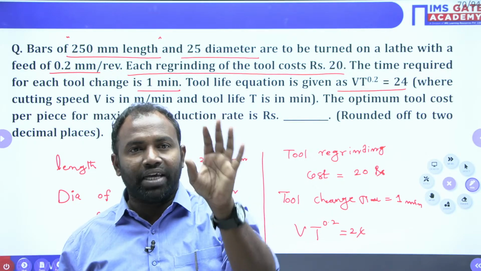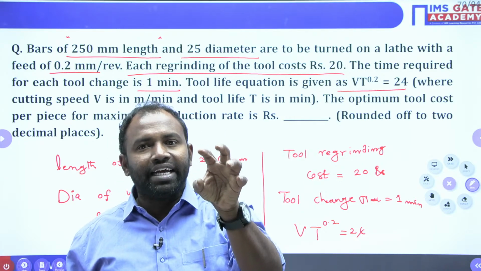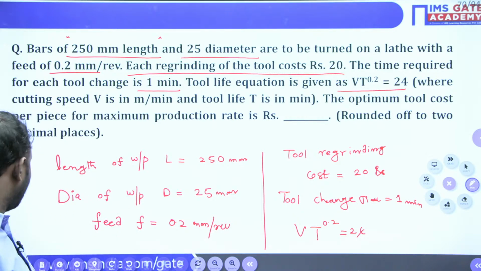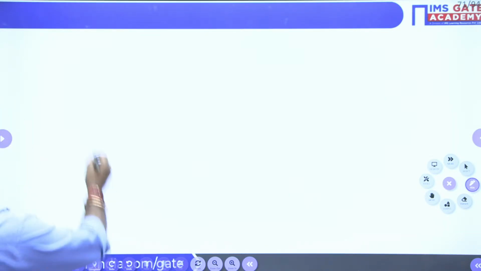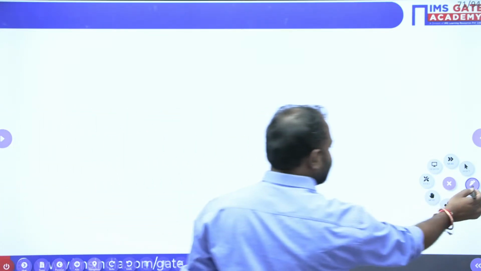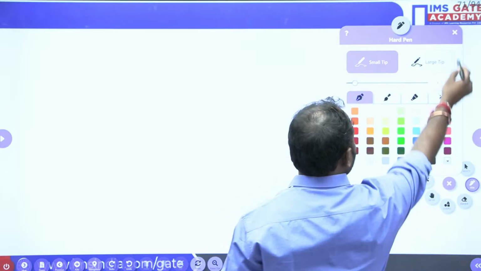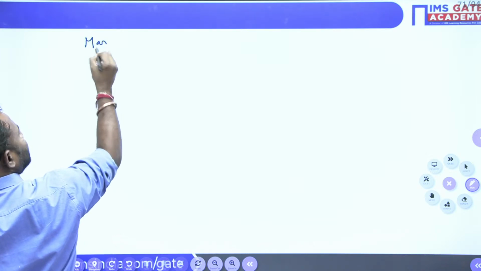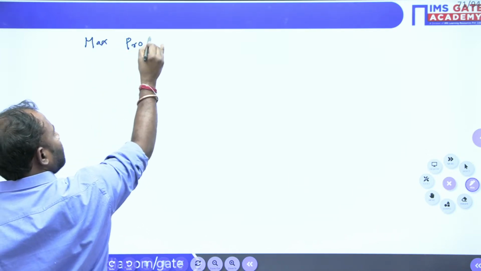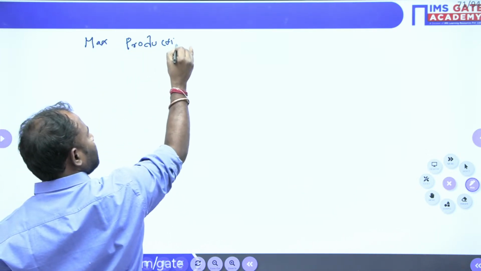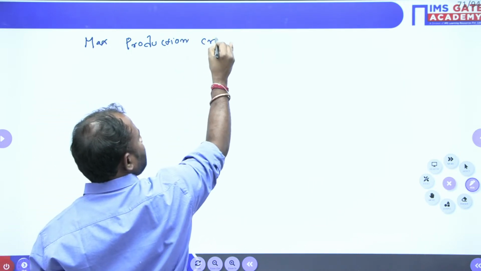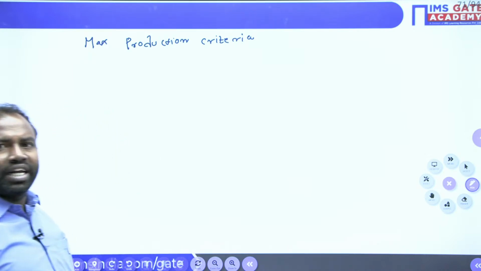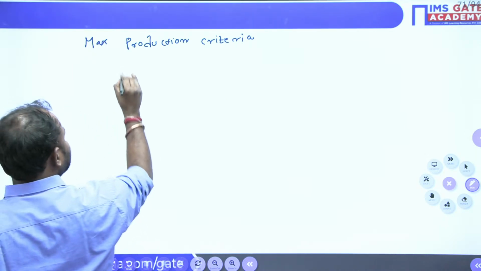Among those 3 criteria, it is the maximum production criteria. So for the maximum production criteria, what is the optimum velocity?